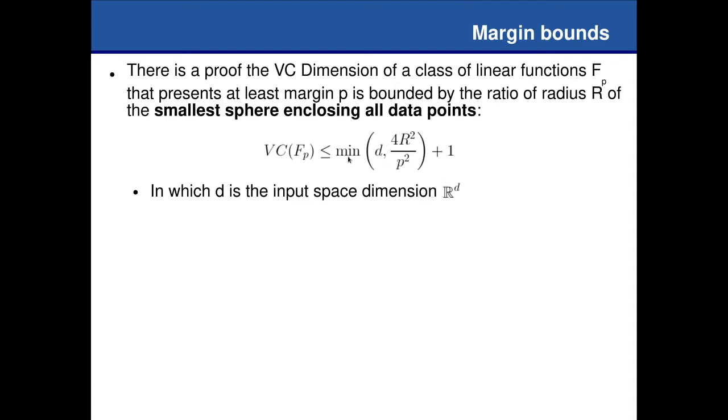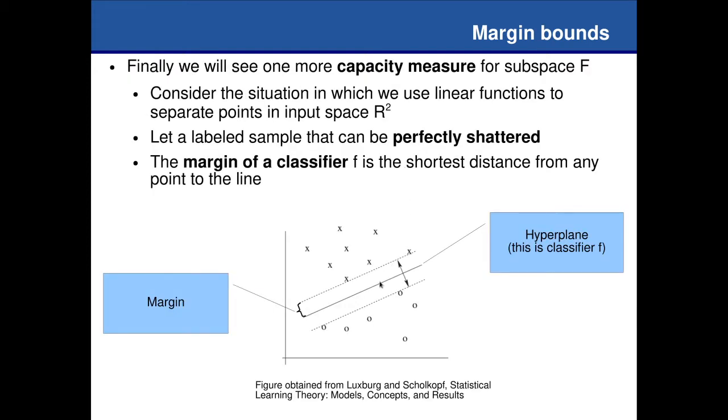Okay, so it's a minimum between that dimension and 4 times the smallest possible open ball enclosing all elements we have in our space, R, to the power of 2, divided by rho to the power of 2, in which this rho or p represents the margin, exactly the distance from this hyperplane to this support hyperplane that connects the closest points from the positive class, which is the same distance, of course, from this hyperplane to this other support hyperplane that touches the negative points on the other side.